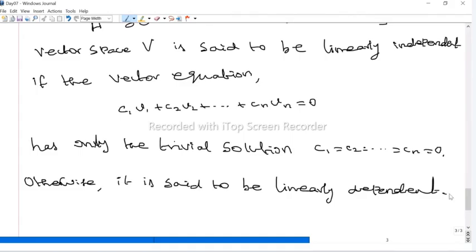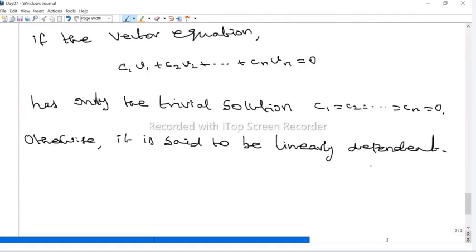So when we say a set of vectors is linearly independent, the vector equation has only the trivial solution. Suppose we get some non-trivial solution. Non-trivial solution means at least one of the ci is non-zero but the equation is satisfied. Then in such a case we say it is linearly dependent.